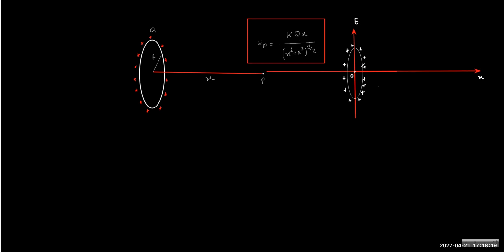Because the field is 0 at the beginning and 0 at the end, it must reach a peak value somewhere, and then it will again tend to 0 asymptotically, something like this.